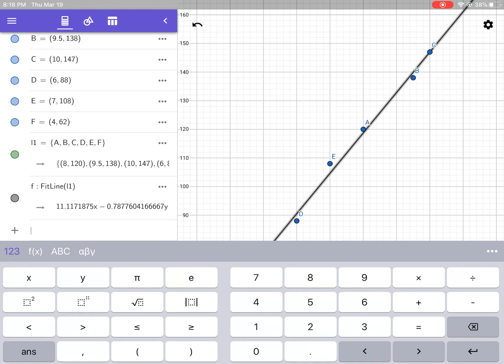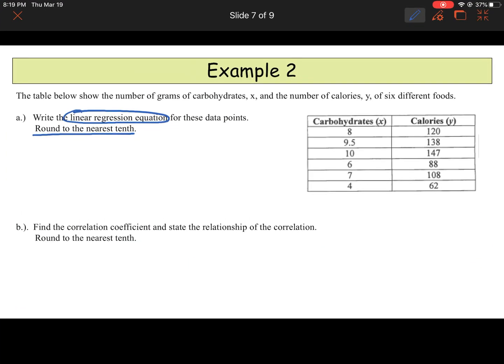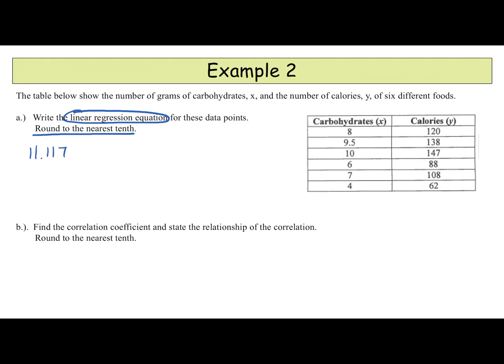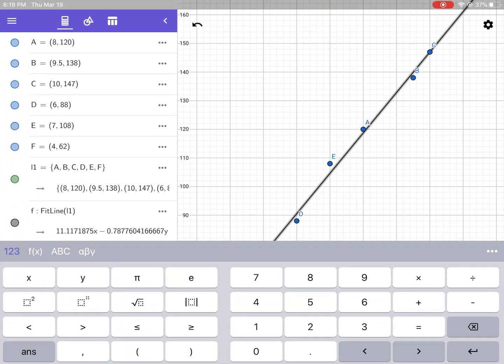So I have 11.171 x minus 0.7877 y. You cannot forget your x and your y.